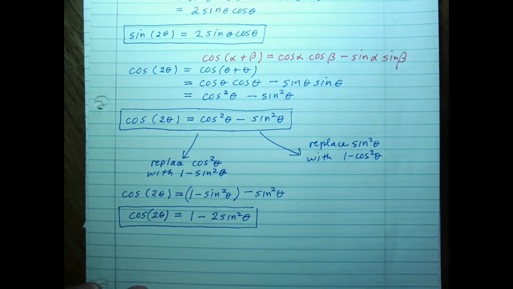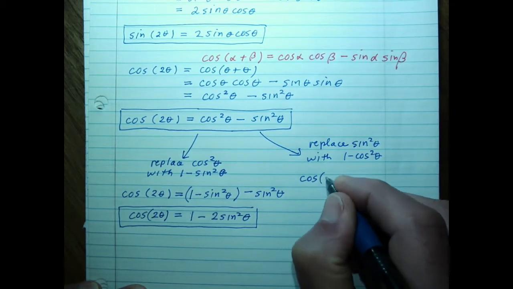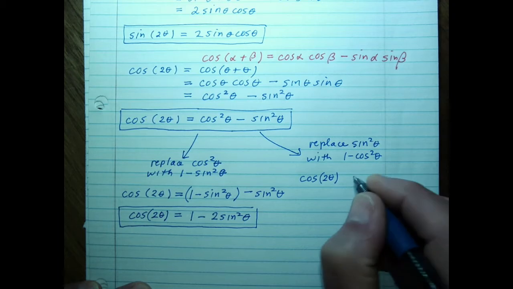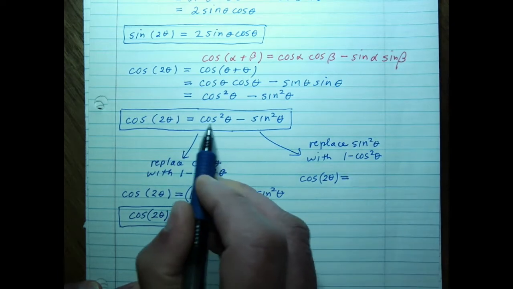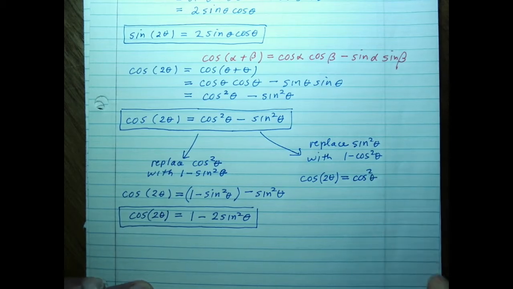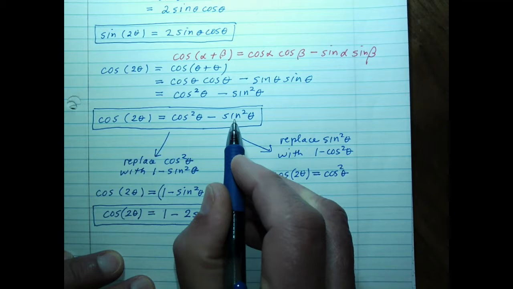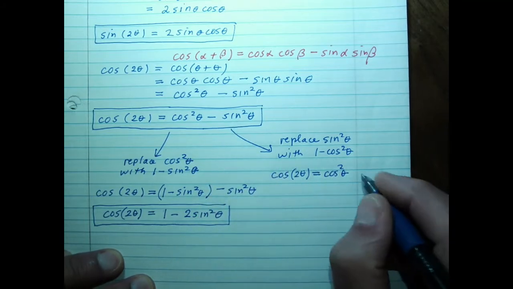I'm going to have cosine 2 theta is equal to, now I'm going to leave the cosine squared theta there, and I'm going to replace sine squared with 1 minus cosine squared.